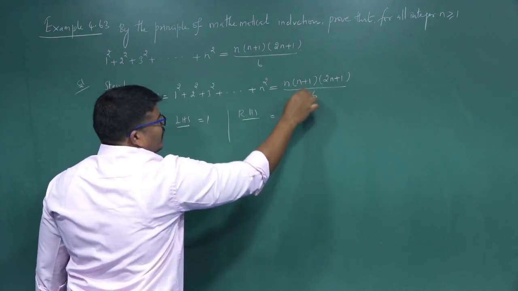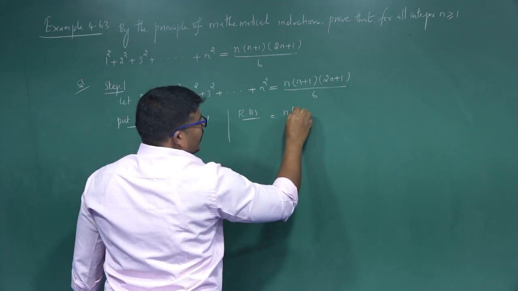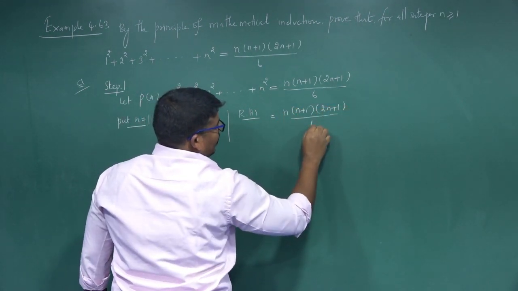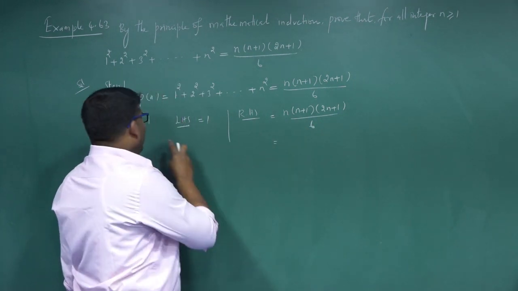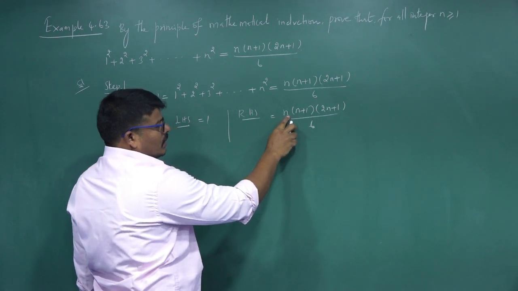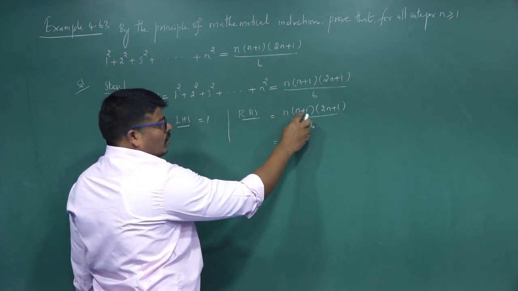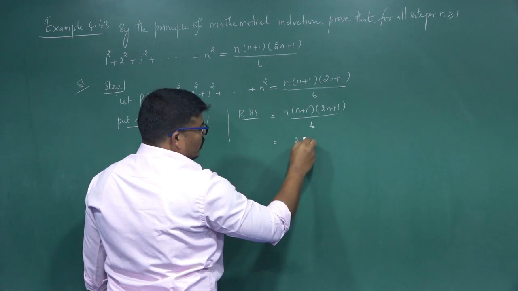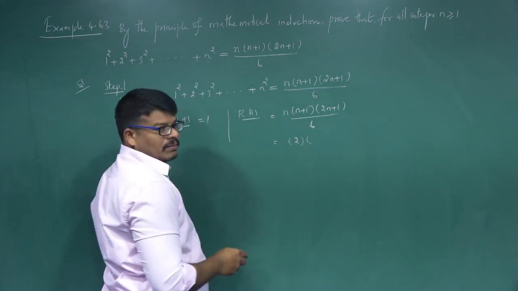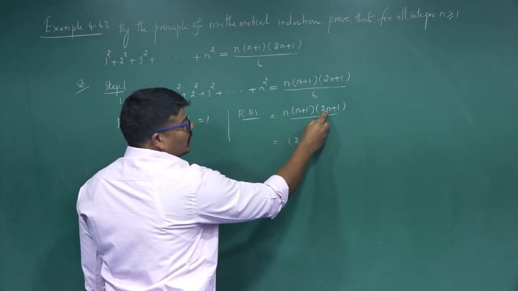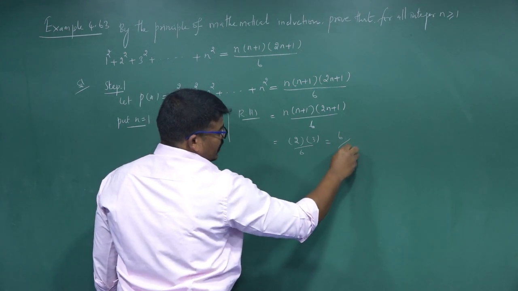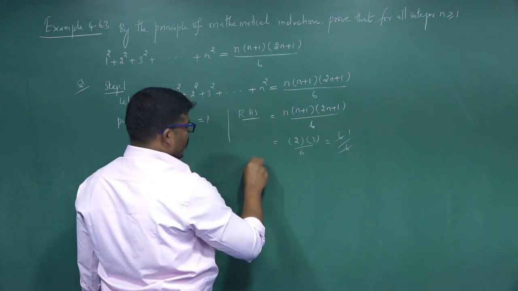The next one, RHS. The right hand side is n into n plus 1 into 2n plus 1 divided by 6. Put the value n equal to 1, substitute in RHS. 1 into 1 plus 1, that is 2; 2 into 1 is 2; 2n plus 1 is 2 into 1, 2, plus 1, 3, by 6. 2 3s are 6, 6 by 6, cancel, equal to 1.